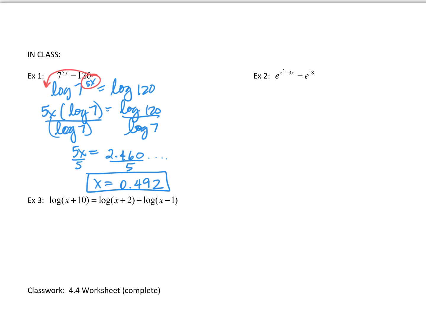The bases will cancel out. So that's real handy. The e's fall out, but then I still have x squared plus 3x equals 18. Now I got to solve this.